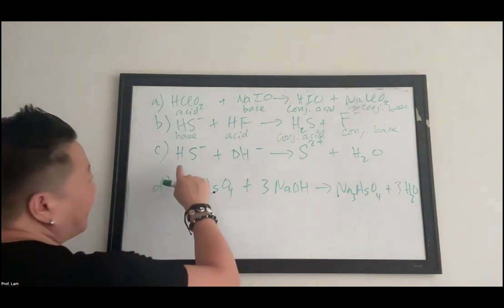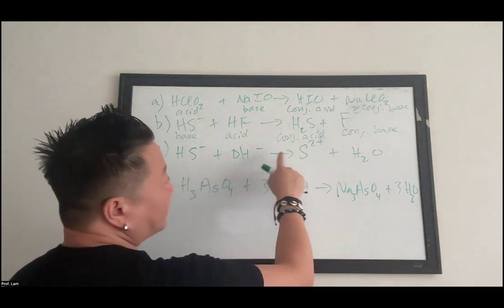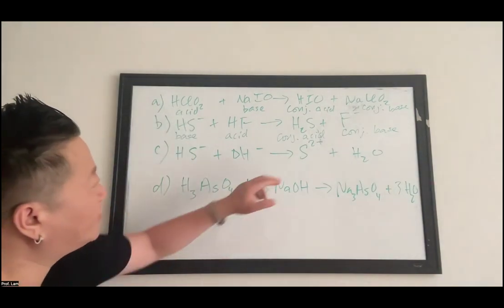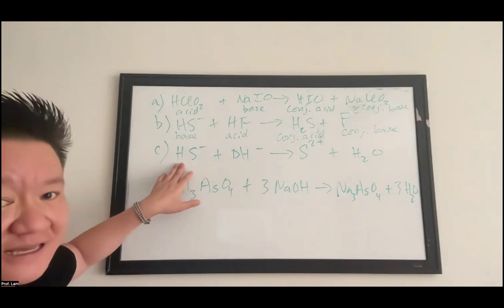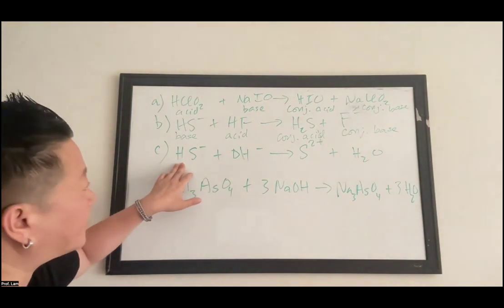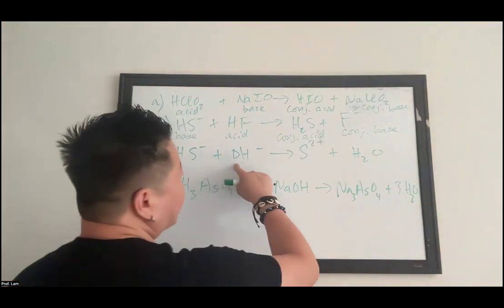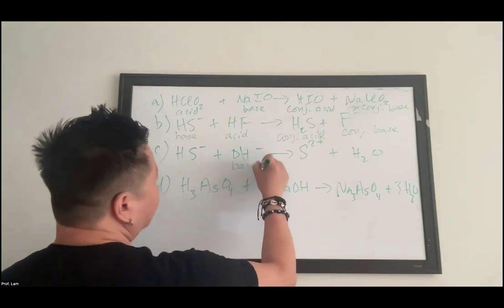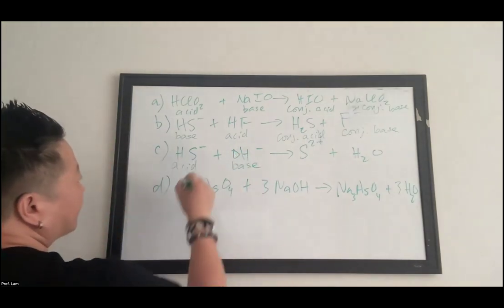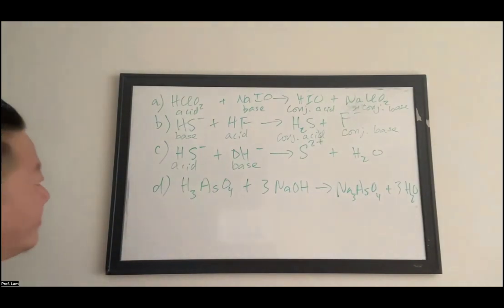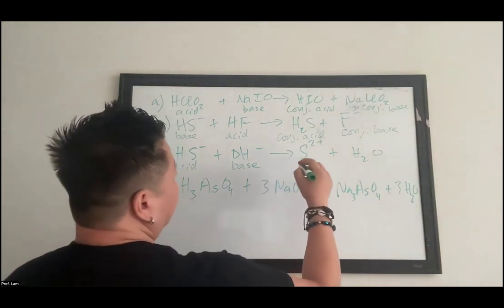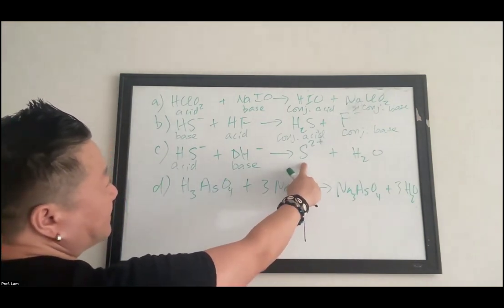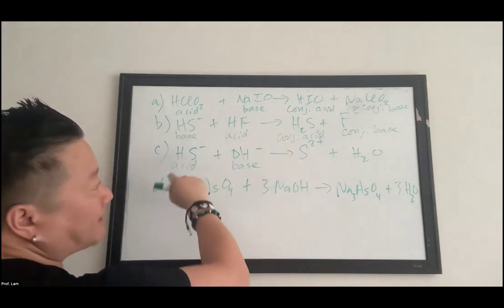C, HS minus plus OH minus goes to S2 minus plus water. So as you can see, who's losing the proton? It's the HS minus that's losing the proton, okay? And it's OH minus that is gaining it. So this is going to be your base, and this is going to be your acid. Okay? So now going backwards, you can see that it's the S2 minus that is gaining the proton to become HS minus, right?